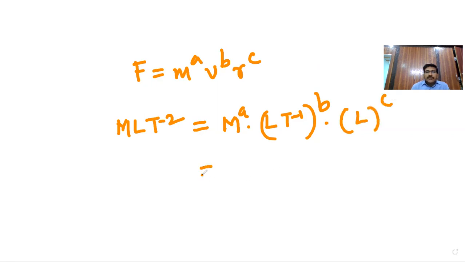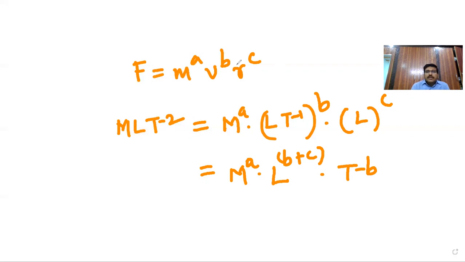If I simplify it, M to the power of a into L to the power of b, L to the power of c, then L to the power of b plus c, into T to the power of minus b. This is on the right hand side.